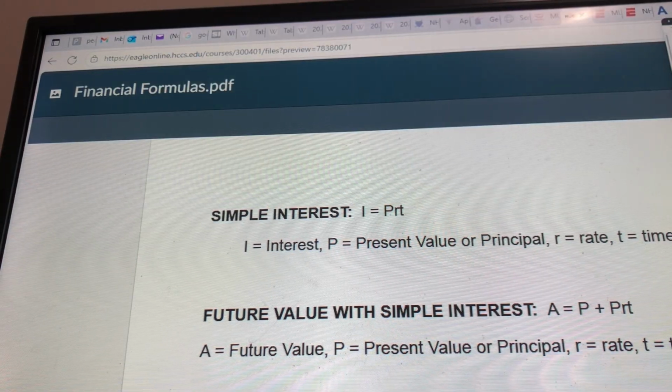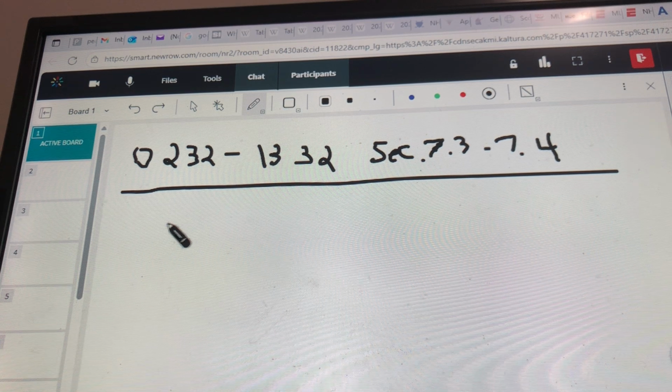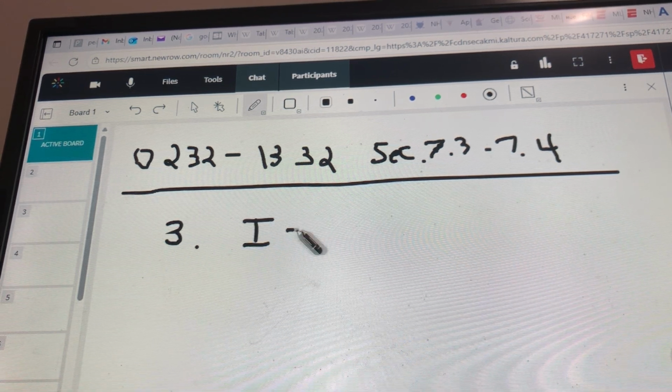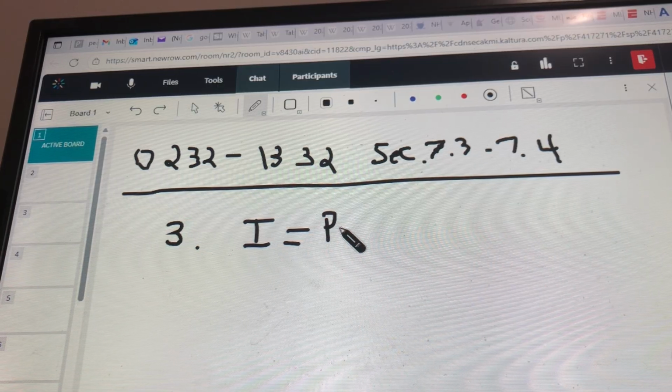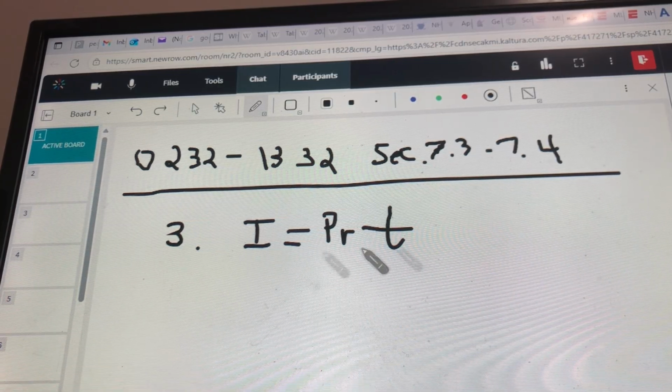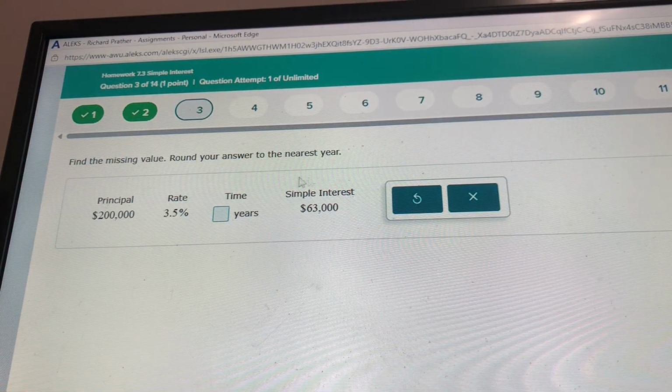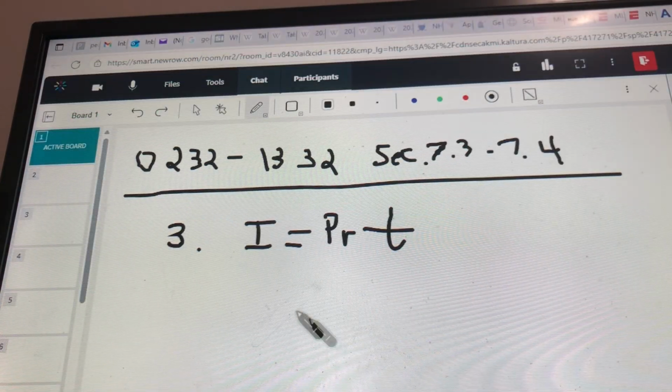So you always have to have 3 of the 4 given to you. And usually they give you the 3 that are after the equal sign. Usually they give you P, R, and T. But any of these 4 things could be an unknown. So in number 3, the interest is $63,000.